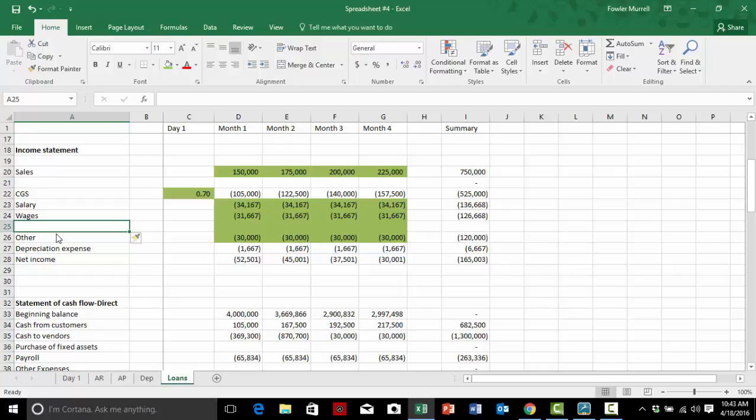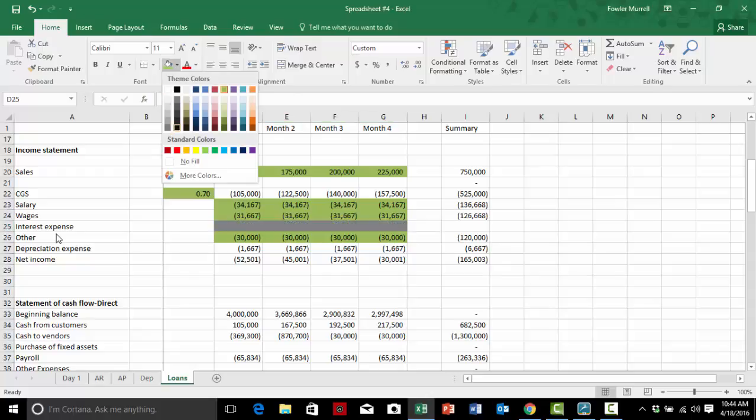Call it interest expense. This amount is not a variable, so you need to take the green shading out.